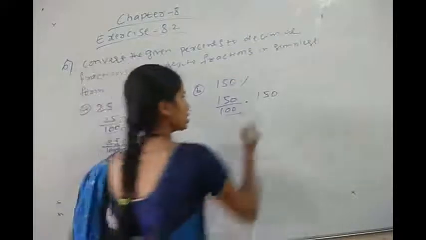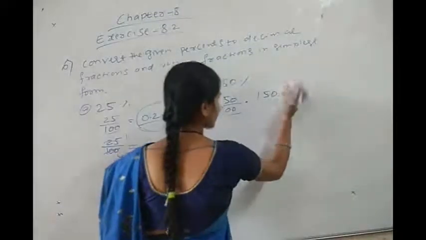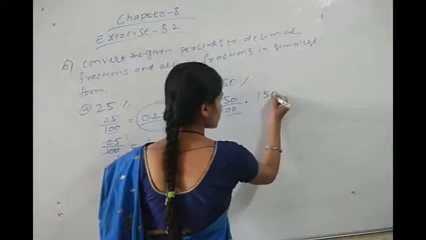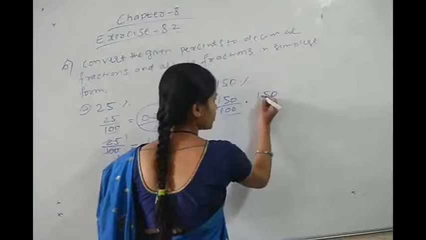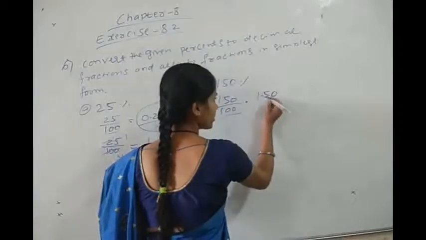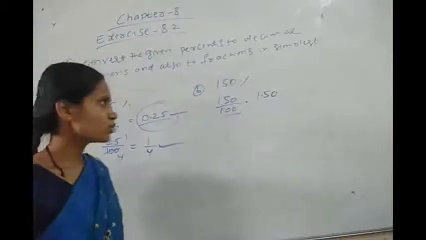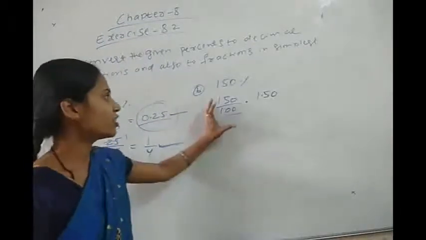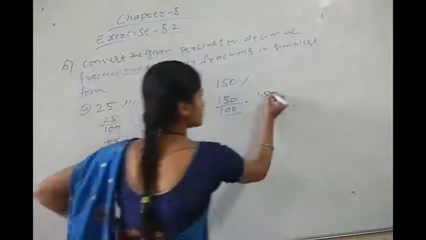Okay. Now come to 150. From your right side, leave 2 numbers. Leave 0 and also leave 5. And put the point in between 1 and 5. Because in the denominator we are having 2 zeros. While writing 150 divided by 100 in terms of decimals, you should leave 2 numbers.